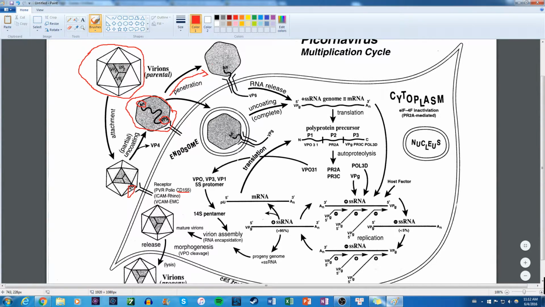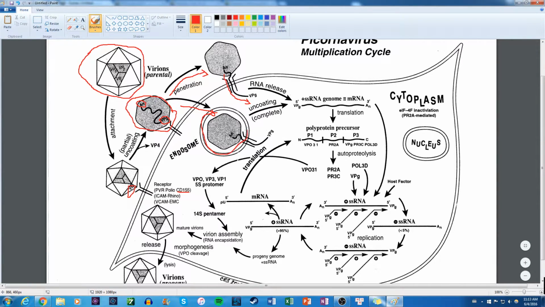This upper pathway is one way of seeing it. I'm guessing some Picornaviridae sort of inject their RNA into the cell, and others go into the cell. For example, with polio, the whole partially uncoated virus goes into the cell.